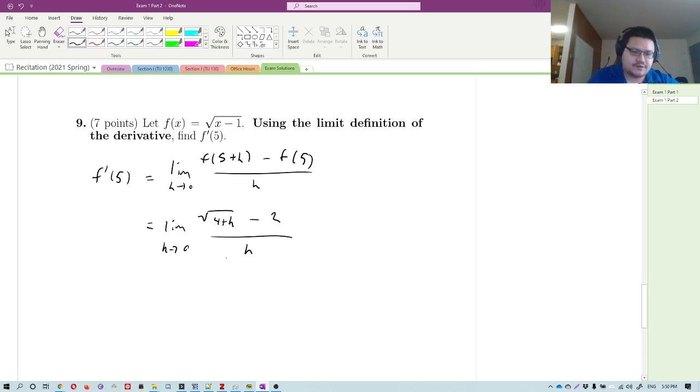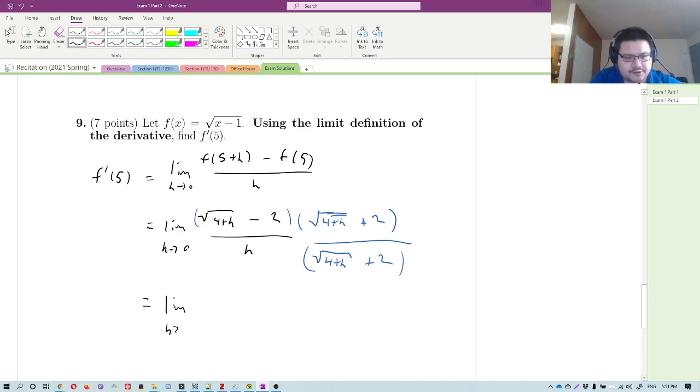Okay, and so this is the limit that we need to compute, and since we have a radical here, we expect to require the conjugate. So square root of 4 plus h plus 2 over the square root of 4 plus h plus 2. Normally I wouldn't write the conjugate out, but for some reason I'm doing that.